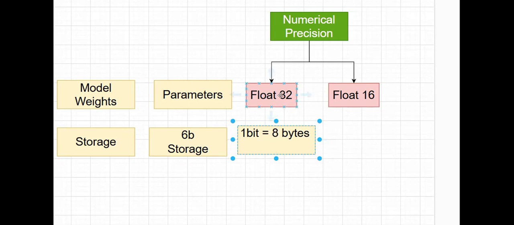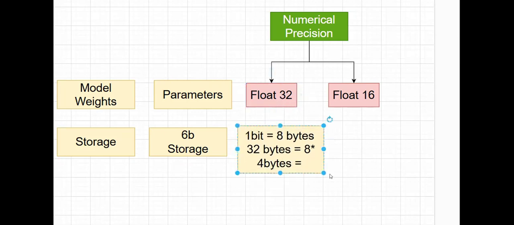We are using 32 bits, nothing but 8 into 4, that is 4 bytes. So in total, we are using 4 bytes to represent each and every parameter.